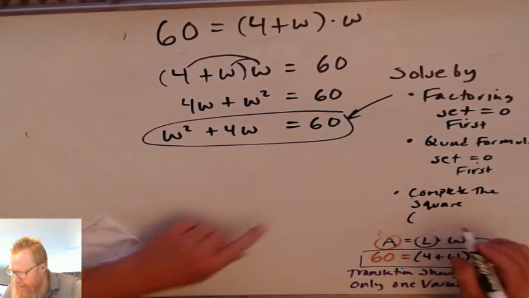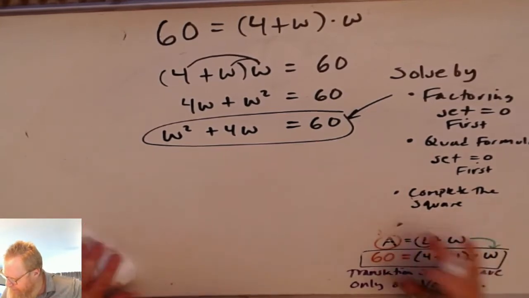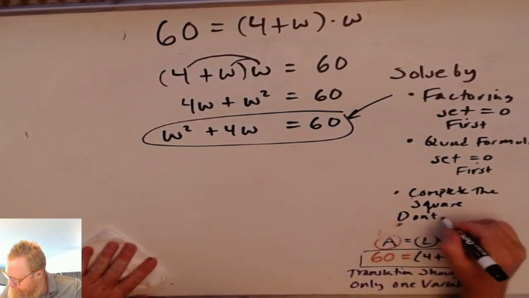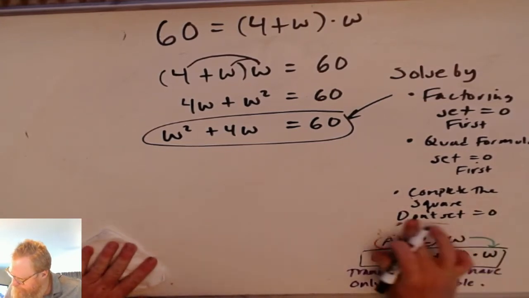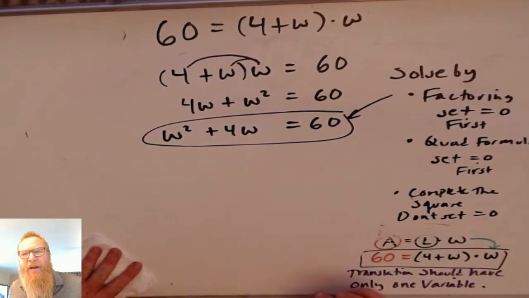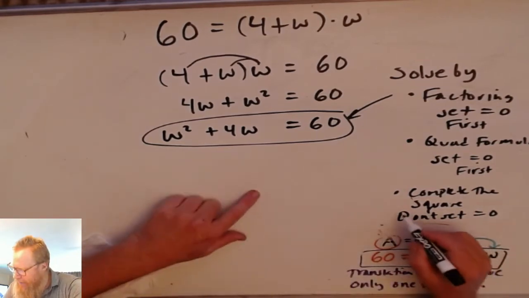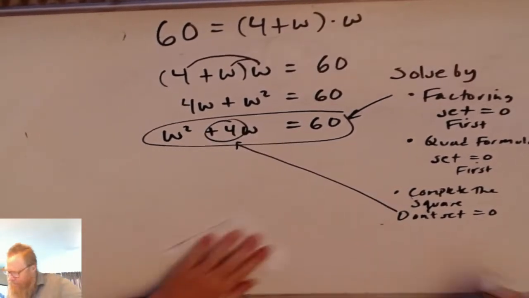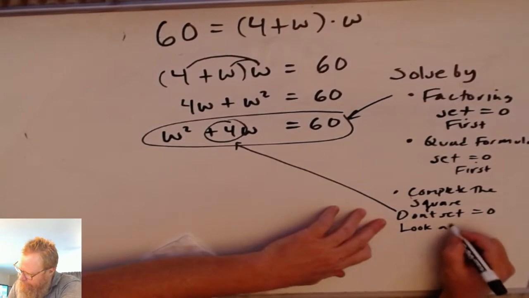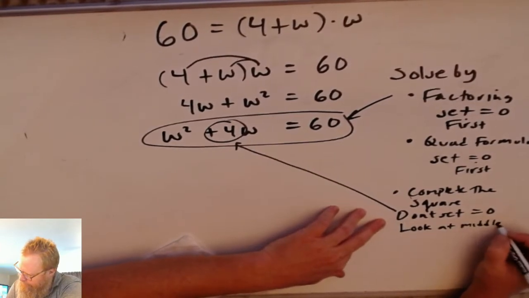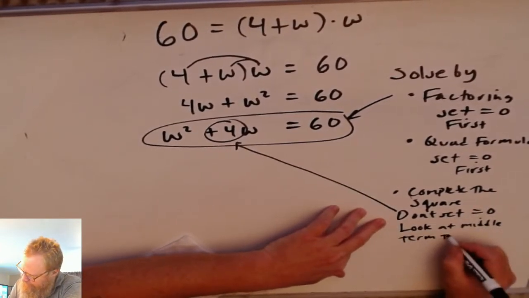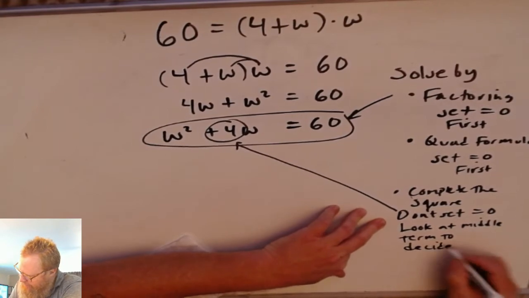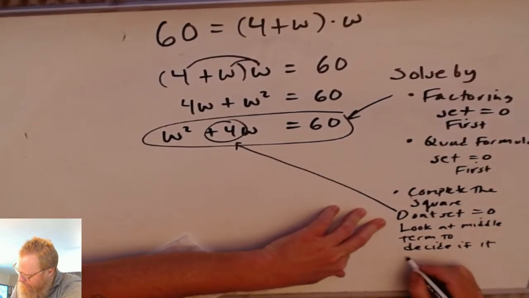I only do that. I do not set to 0. So for completing the square, I do not set it to 0. And I look at the middle term to decide if it will be easy.